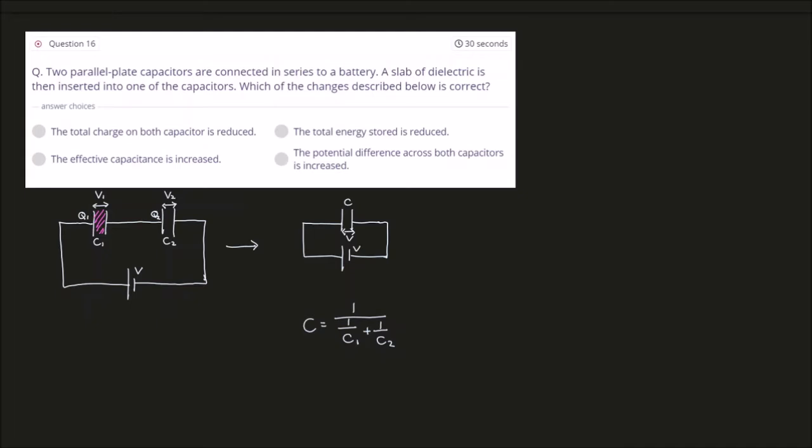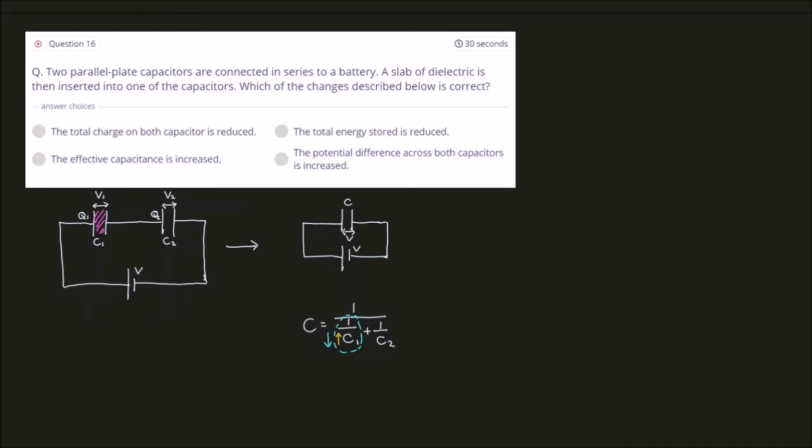Let's try and determine how the capacitors change when we insert the dielectric. When we insert a dielectric inside capacitor 1, the capacitance of capacitor 1 will definitely increase. But this increase in capacitance 1 causes a decrease in this portion of the equation. 1 over C1 here actually decreases.